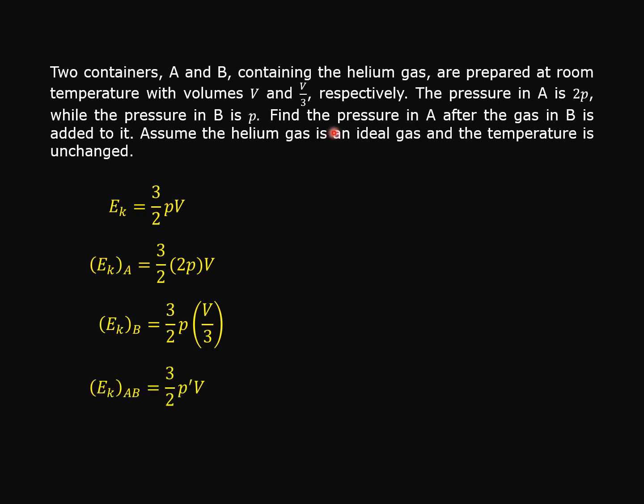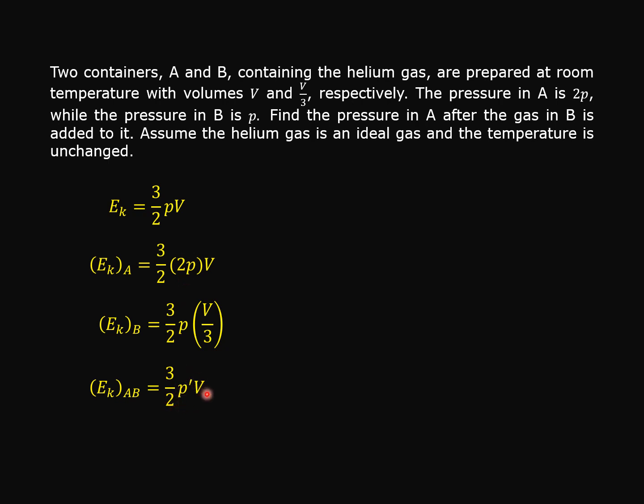After the gas in B is added to the container A, the container A will have the new pressure, which is P prime. Initially in the container A, the pressure is 2P. Now it changed to P prime. We want to find out what P prime is.